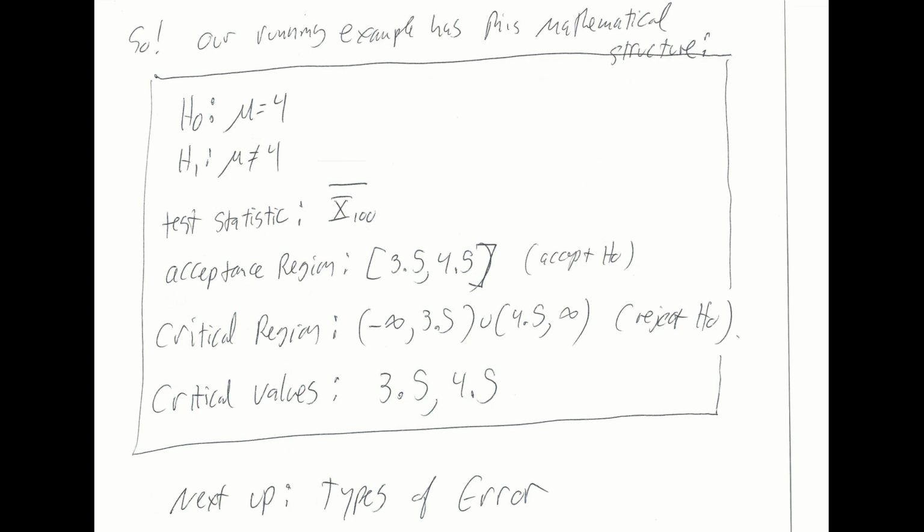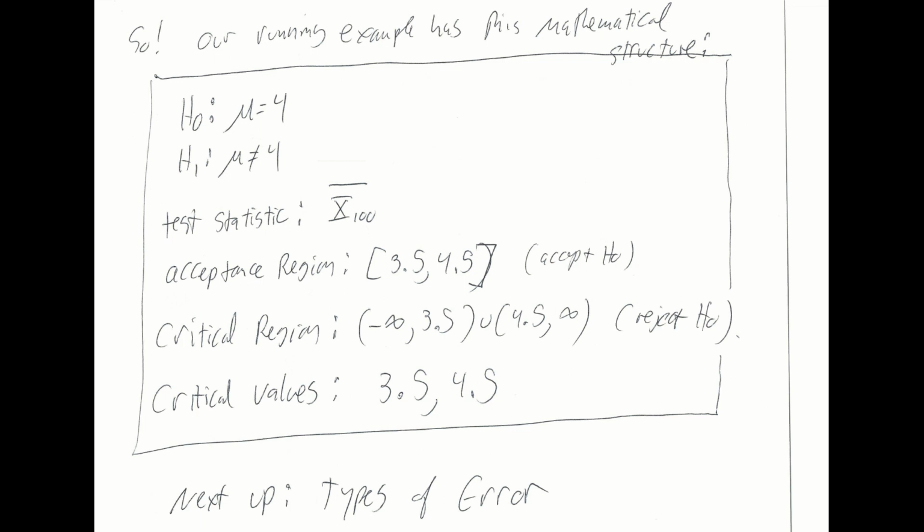So the next topic that we are going to discuss in the first part of our next lecture is going to be types of error. Associated with such a statistical test of hypotheses, there are different kinds of mistakes you can make. These are largely going to be definitions, but they're such important definitions that we want to give them their own separate consideration.